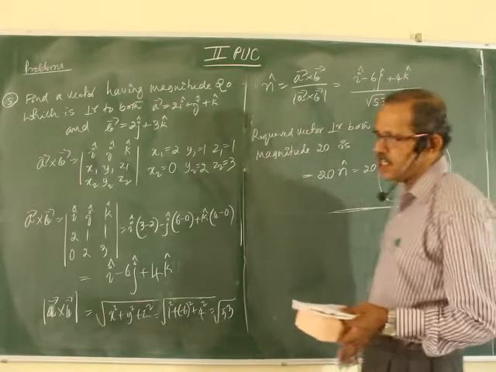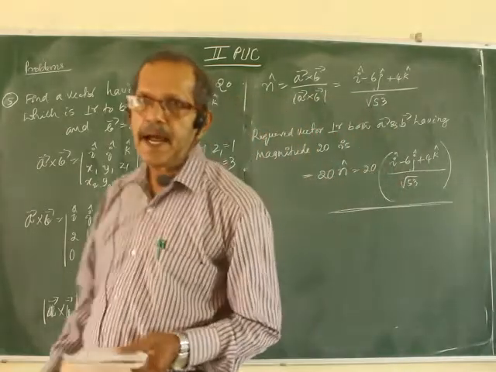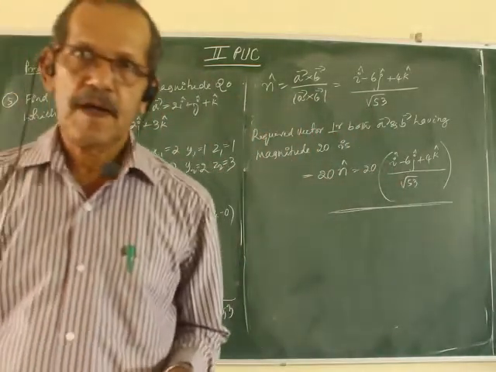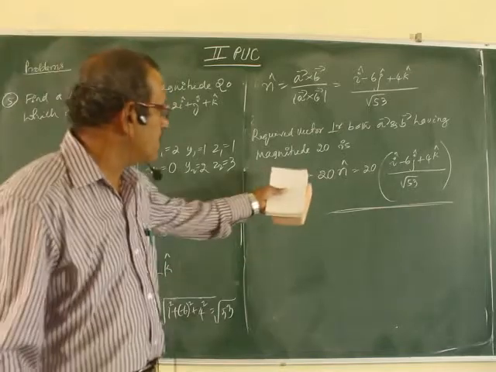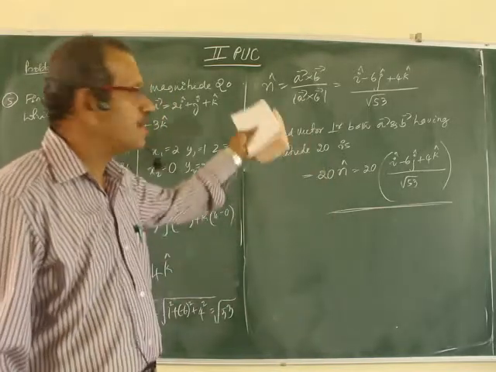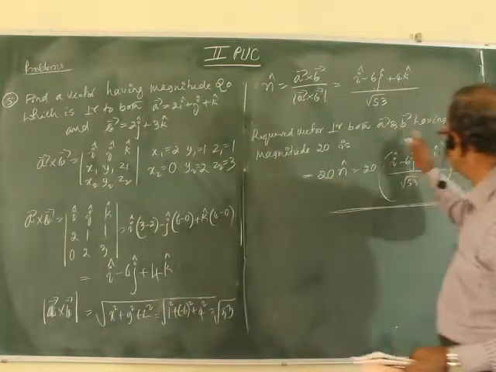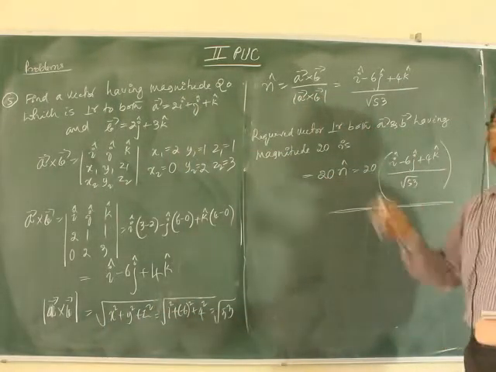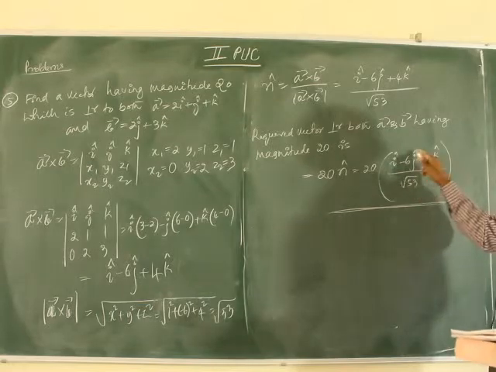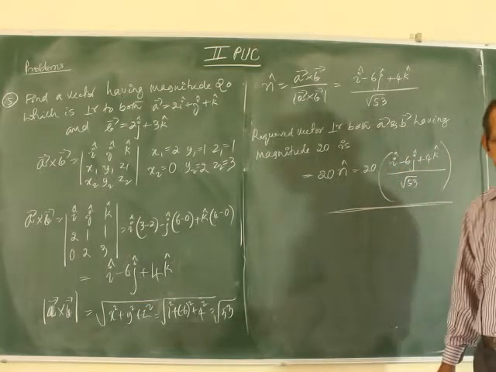Required vector is n cap into 20. You can observe this particular vector is perpendicular to both A and B, as well as the magnitude of this entire vector is just 20, because this one is a unit vector, no? 20 into 1 is 20.